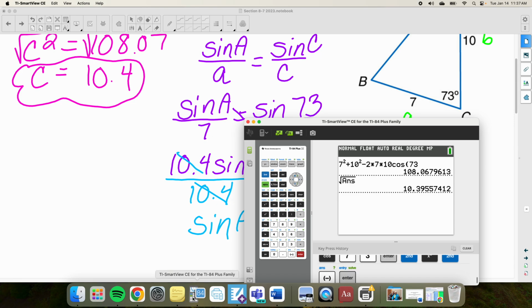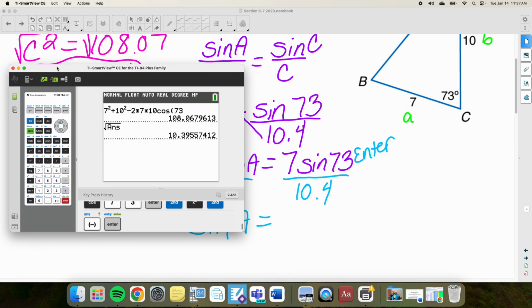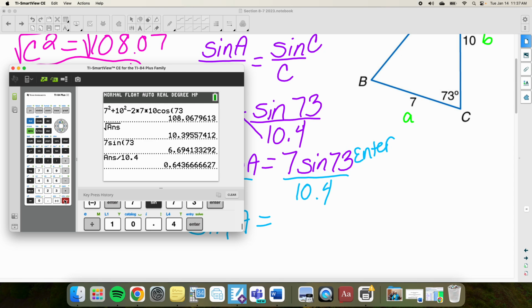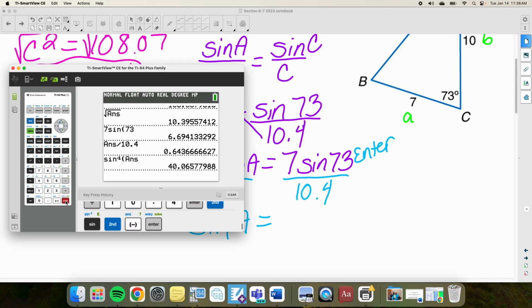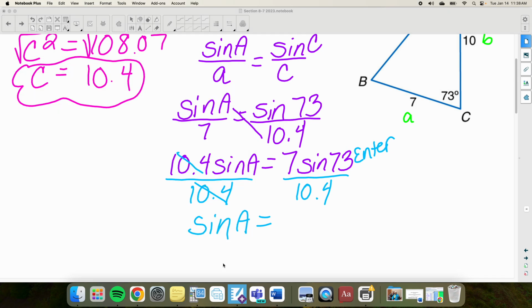So we are going to go 7 sine 73, enter, divide by 10.4. That is not my angle. That is sine of my angle. So what do I do next? Second sine, second negative to bring that answer down. And we get 40.07 degrees. Oh, that's actually angle A.